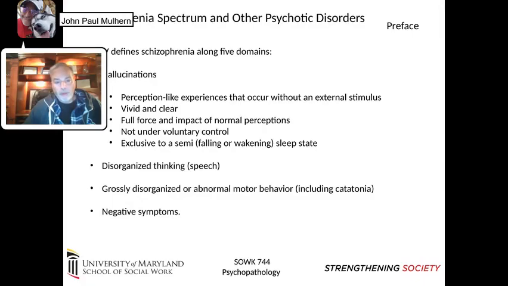Okay, so let's take a look at hallucinations. What I did here was take the breakdown of the definition of hallucinations from the DSM, some basic tenets of what a hallucination is, as defined by the DSM, in the context of domains of schizophrenia. So: perception-like experiences that occur without an external stimulus, keeping in mind that these can be not just visual or auditory, but olfactory, or related to taste.